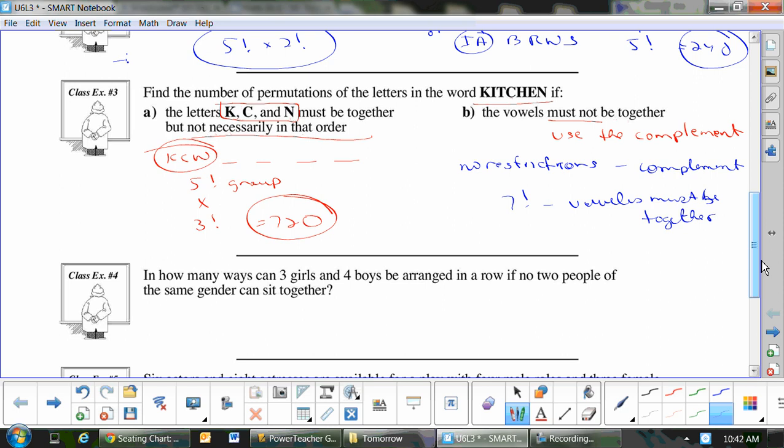What is it? 6 factorial, 2 factorial. So IE is a group, right? And then it could be IE or EI. For every one that you could have done, you're going to switch. So it's 7 factorial minus 6 factorial times 2 factorial equals 3,600 ways.